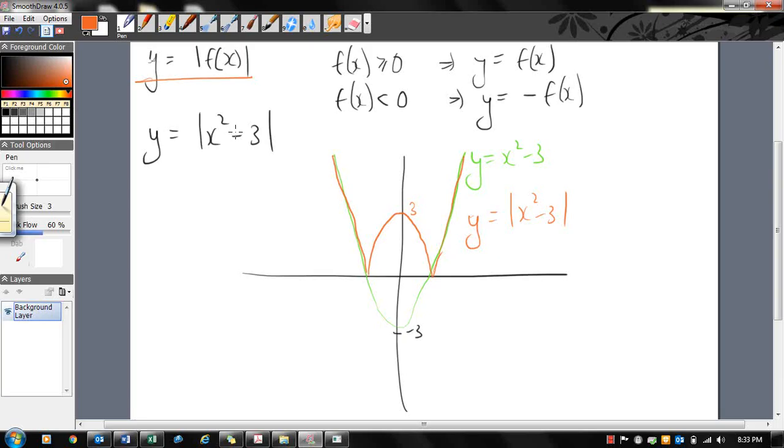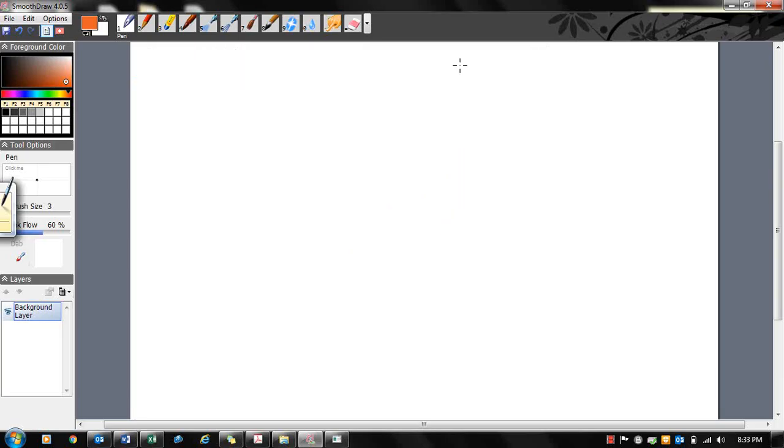Okay, let's have a look at the only other situation that you need to be aware of, and this is the final thing for mods. It's the situation where you've got y equal to a function where every x in that function has a modulus around it.